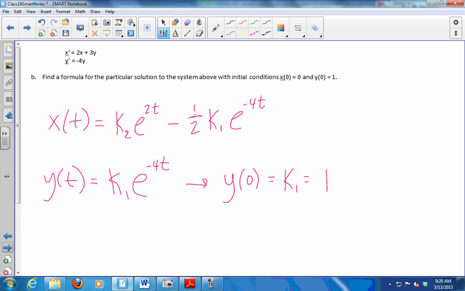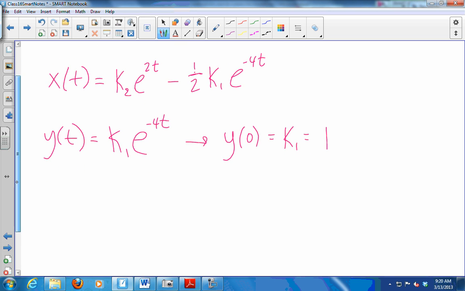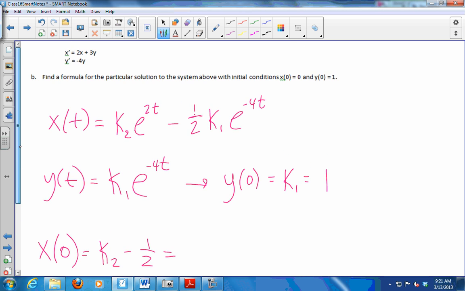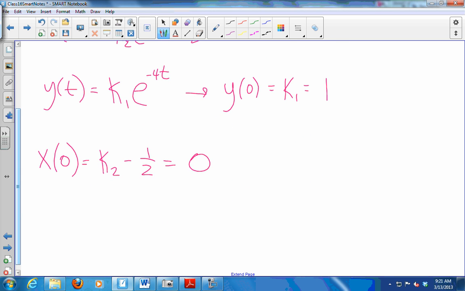Okay, so I know k1, and then x of 0 would be k2 minus 1/2, because I'm plugging in a 1 for k1 and a 0 for t, so I just get 1/2 for that term. And x of 0 is 0, which means that k2 has to be 1/2.